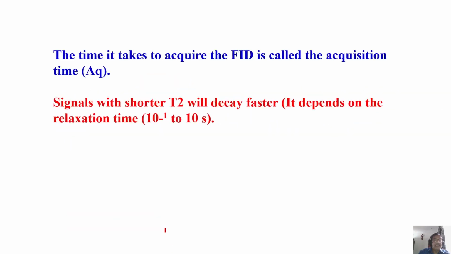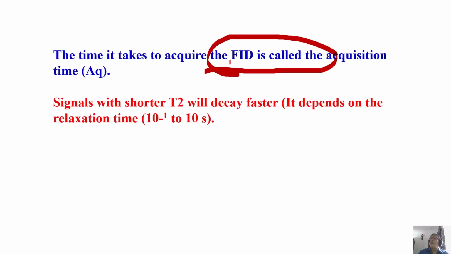The time it takes to acquire the free induction decay is another point, called the acquisition time. You have to acquire only for the period you have signal. And signals, of course, as I told you, decay with time. The FID decays with time because of T2. When does it decay faster? If the signals have a shorter decay time, the signal decays faster.